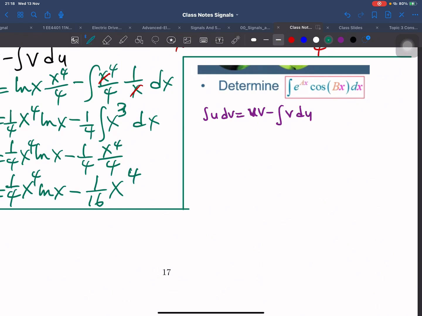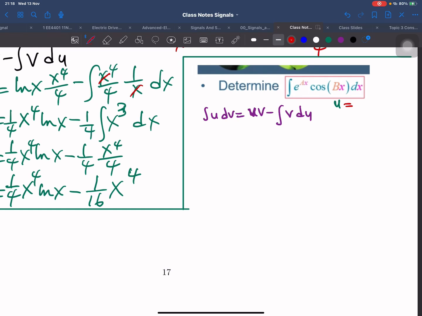Okay, now the integral of u dv is equal to uv minus the integral of v du. So we now find which one is u. u is equal to what? What do we make our u?